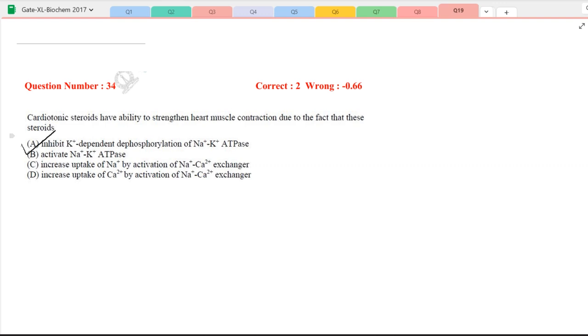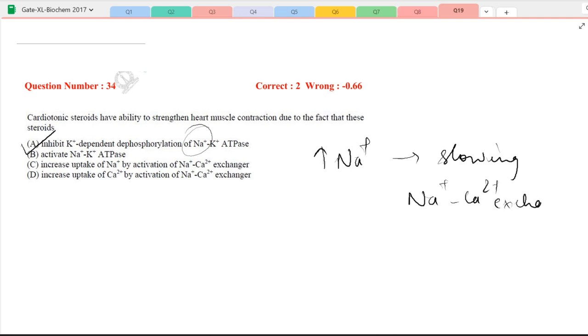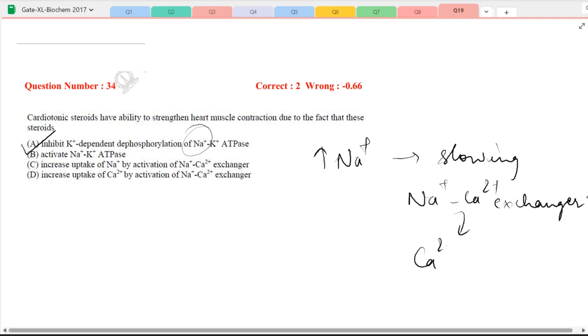The intracellular sodium ion concentration increases, and this will slow down the Na plus Ca2 plus exchanger. So when the intracellular concentration of Na plus increases, this leads to slowing down of the Na plus Ca2 plus exchanger.